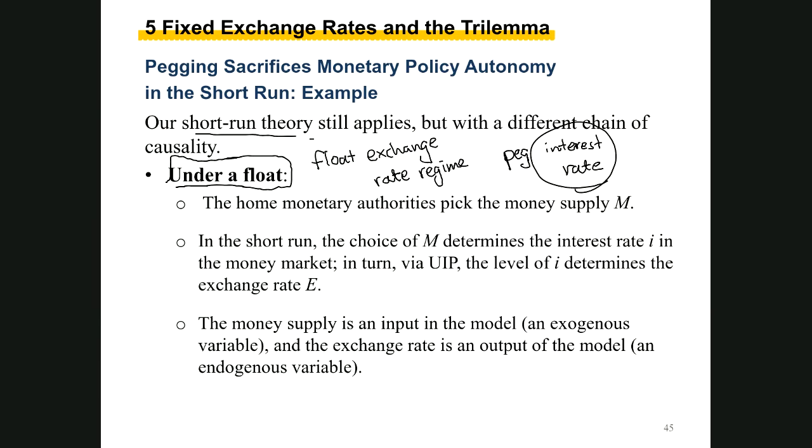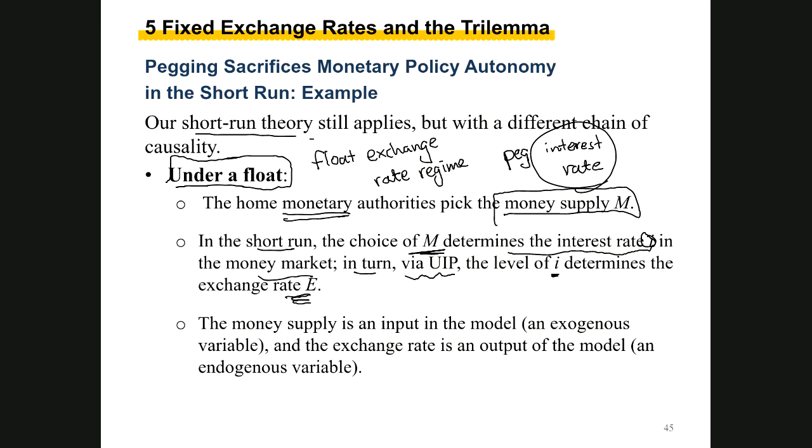So how do you peg your interest rate? You peg your interest rate by setting a certain level of the money supply. Right? So in the short run, the choice of M determines the interest rate I in the money market. In turn, via the UIP, the level of I determines the exchange rate E.